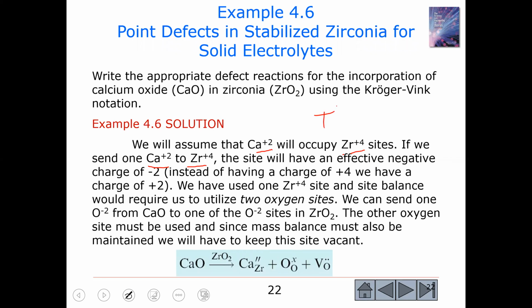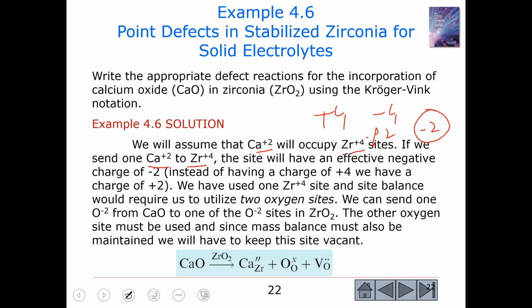Because a plus 4 will leave, which will create a minus 4 charge, and a plus 2 will enter, so the remaining resultant charge will be minus 2. We have used one zirconium site, and site balance would require us to utilize 2 oxygen sites. We can send one oxygen from CaO to one of the oxygen sites in zirconia.